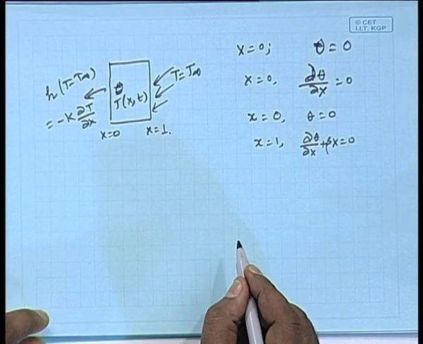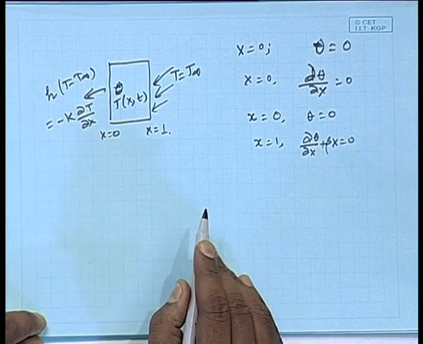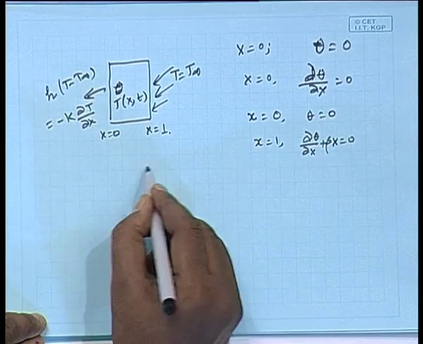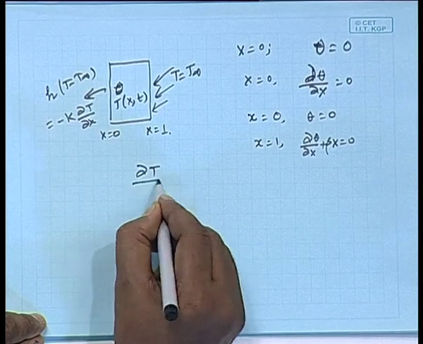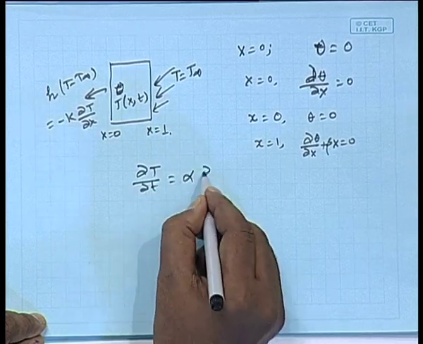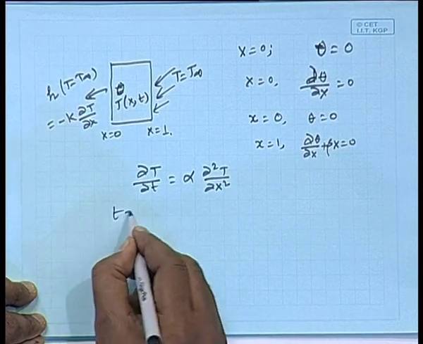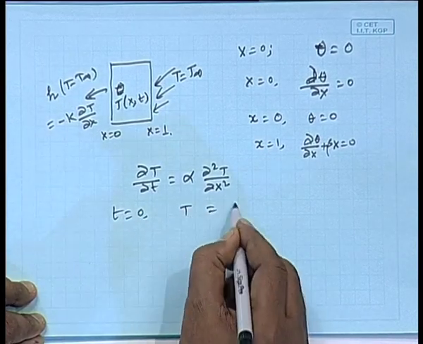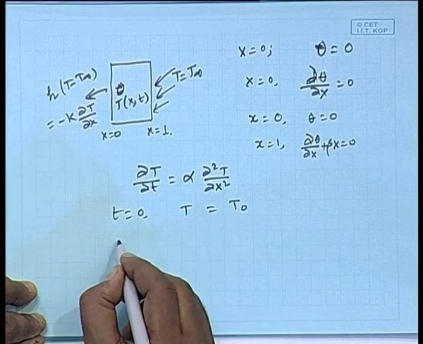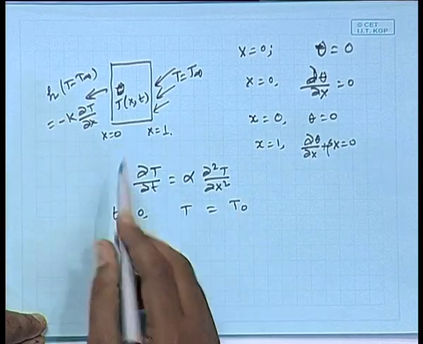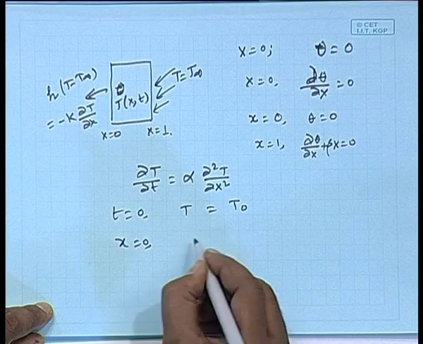Now, if you start with the problem, because your governing equation remains the same, del t del t is equal to alpha del square t del x square, and let us say initial condition is t is equal to t naught at t equal to 0. At x equal to 0 you will be having the mixed boundary condition.